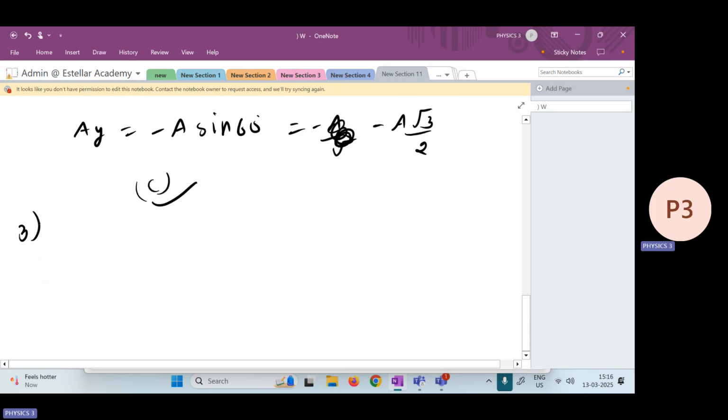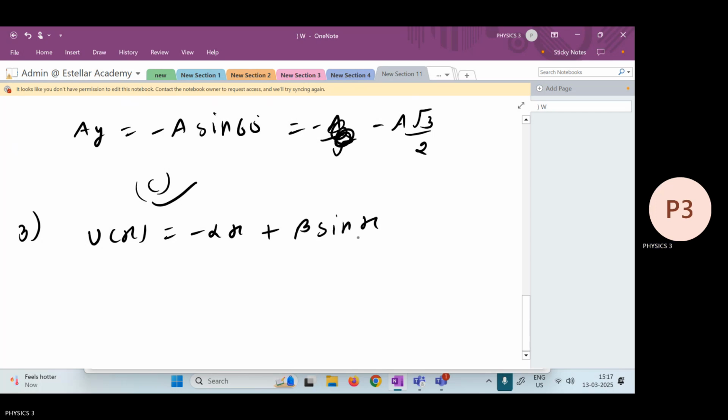Now let's come to the next question, the third question. We have been given the potential energy of a particle by the expression U(x) is equal to minus alpha x plus beta sine of x upon y. And we are asked for the dimensionless combination of the constants alpha, beta, and gamma.